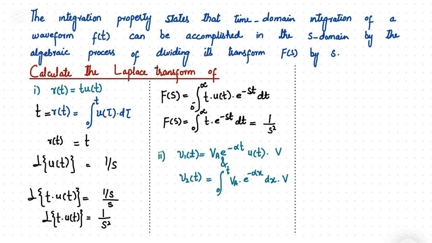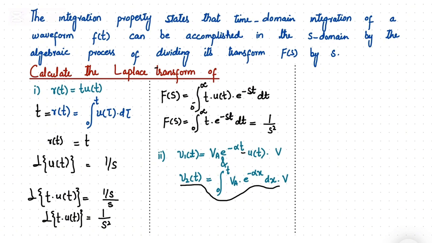Second numerical related to integration properties, let's say we have two functions. First one is v1 of t, which is equal to va into e raised to power minus alpha t u of t volts. This is a voltage function, so the units are volts. We have a second function which is equal to the integration from 0 to t of va into e raised to power minus alpha x dx.